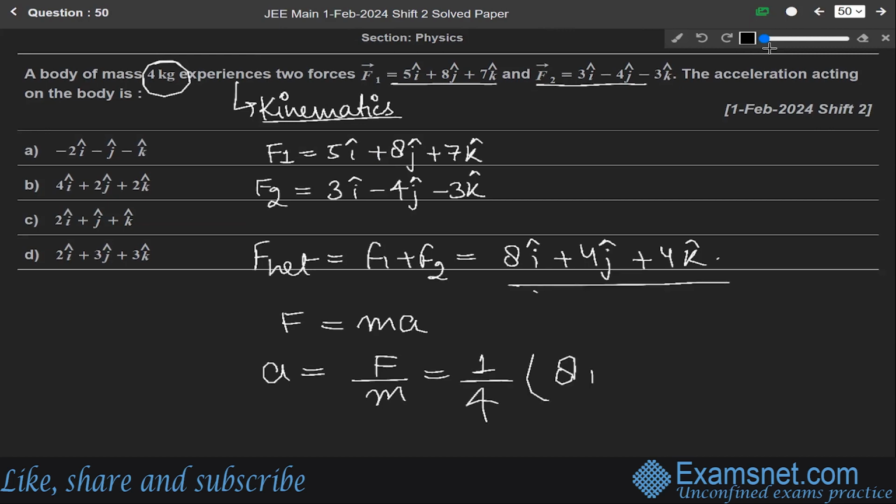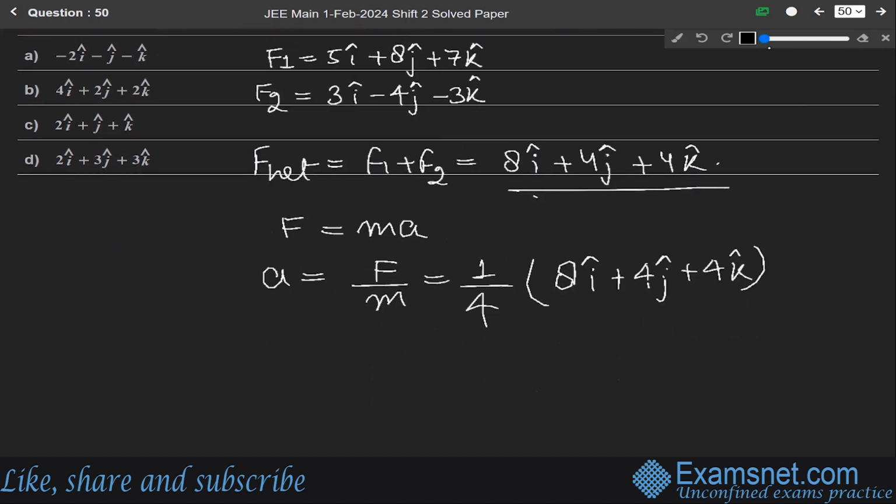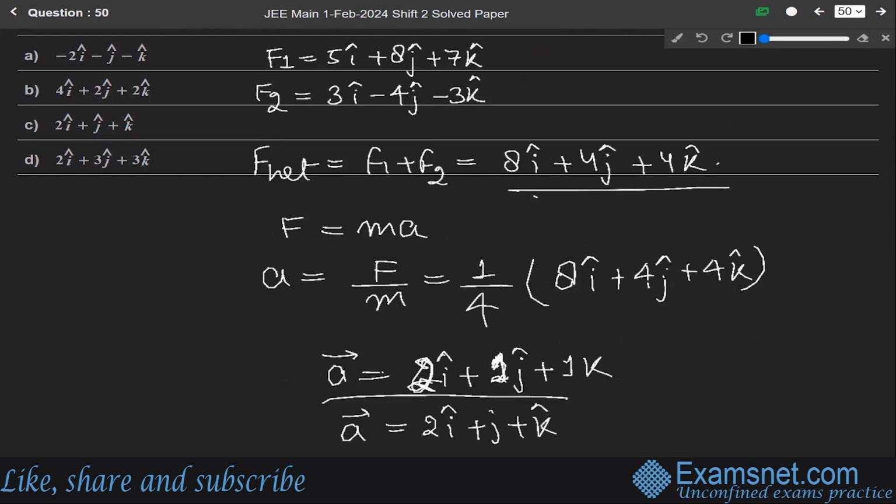Force is 8 i cap plus 4 j cap plus 4 k cap. So acceleration will be 2 i cap plus 2 j cap, sorry, 2 i cap plus 1 j cap plus 1 k cap. So the answer is 2 i cap plus j cap plus k cap, meaning option C is the correct answer.